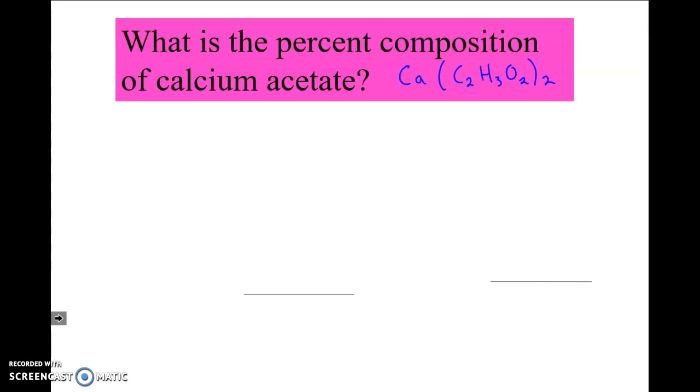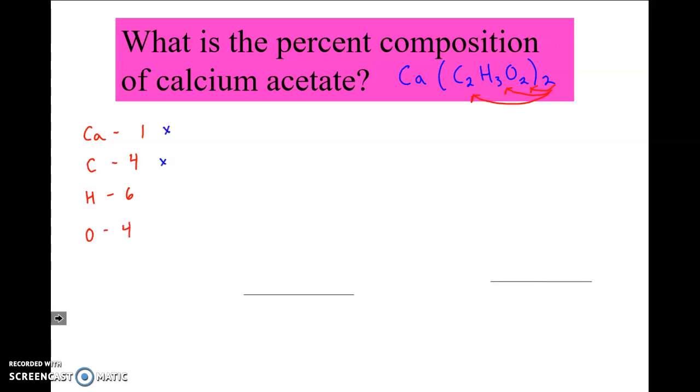So these will take a little bit longer because we don't give you the grams, but you know how to find them. Calcium, we have 1. Carbons, we have 2 that distributes, 4. Hydrogens, the 2 distributes, we have 6. And oxygens, we have 4.